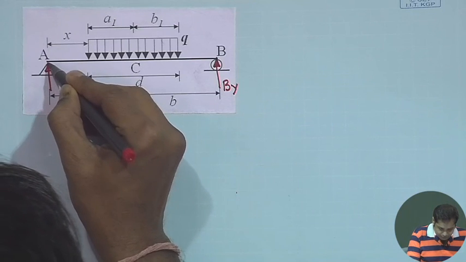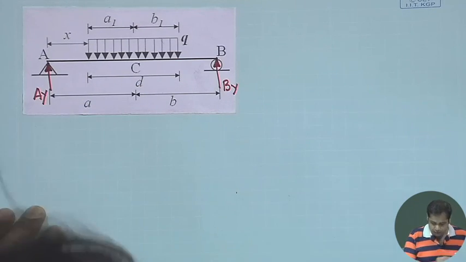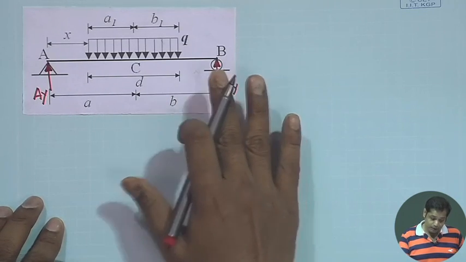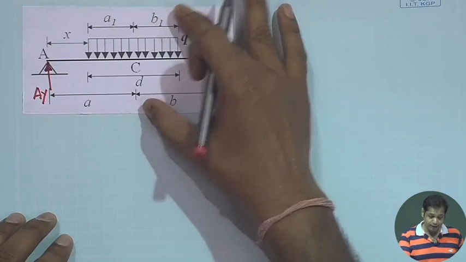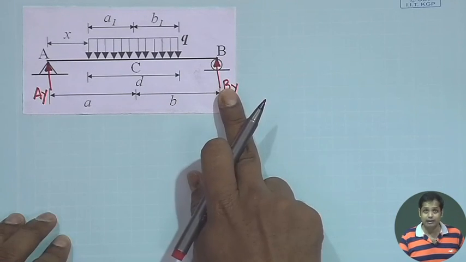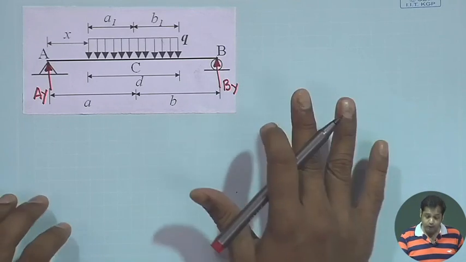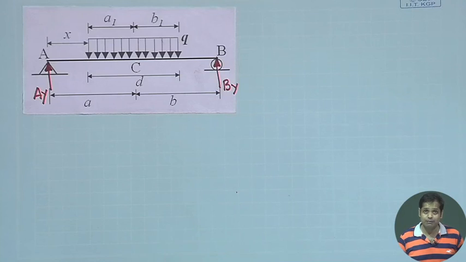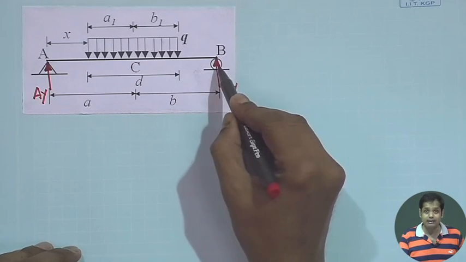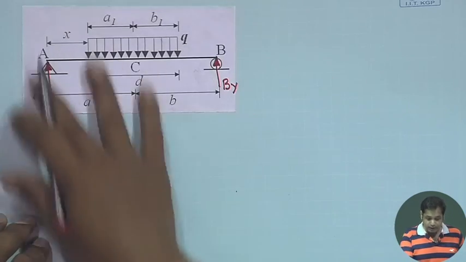There will be Ax also, but since Ax is equal to 0, it is not shown here. To avoid drawing the same thing again, I am showing the support reactions here itself, but when you actually show the support reactions in a free body diagram, the body has to be free. The support and the support reactions cannot be shown at the same place. This is a common mistake. Please be careful about this.